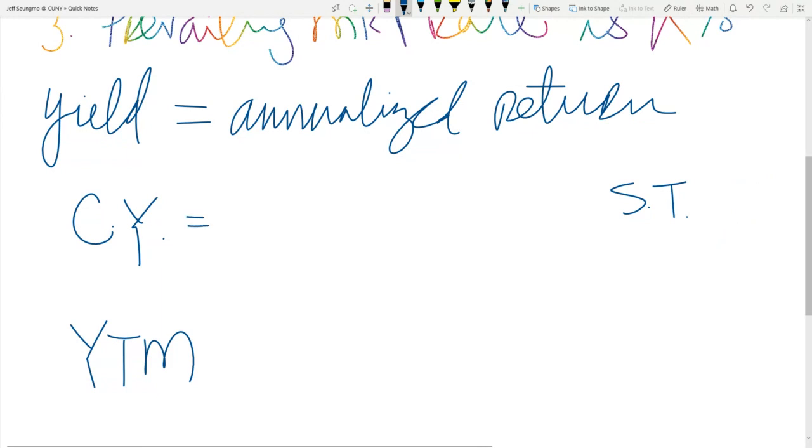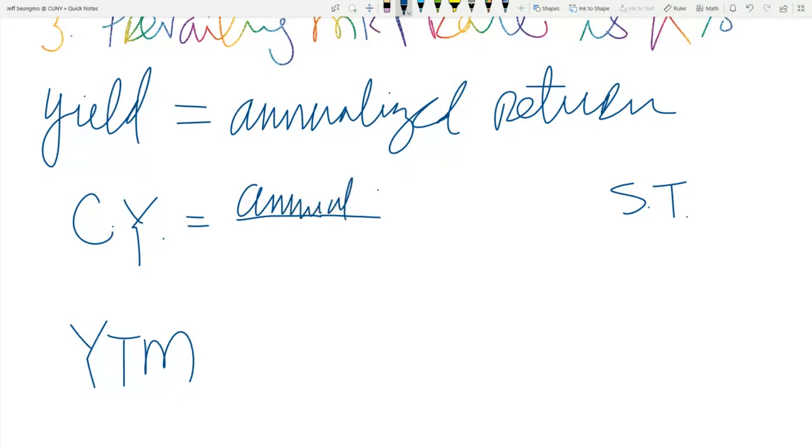Why? Because current yield is basically the maximum return you can get from holding this bond for 1 year, short term, right? But then what is the maximum you can earn? Maximum you can earn is the annual coupon, isn't that right? From any bond, the maximum you can earn within 1 year is the annual coupon.